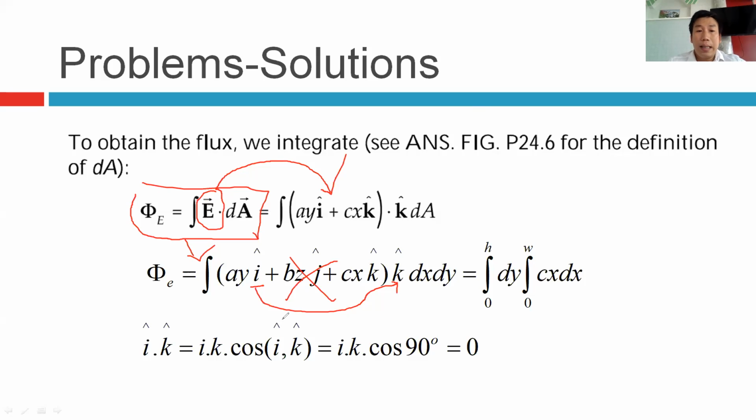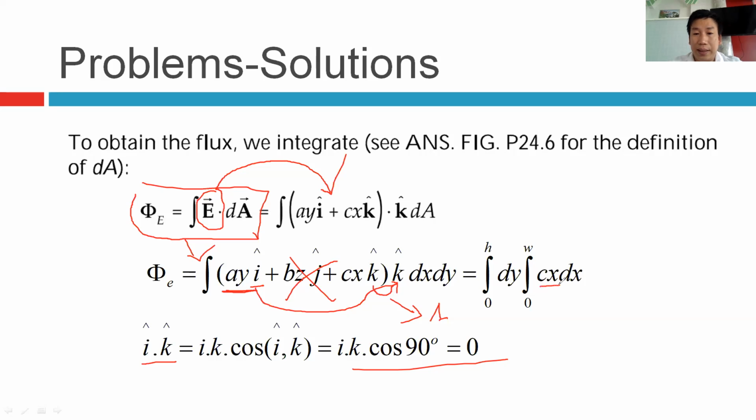Okay, so you can multiply vector by vector. Here we have i multiply k and k multiply k. Please remember that i multiply k equals 0, right? And k multiply k equals 1. This one multiplied by this one is 0, so we don't need that, and we only have k multiply k here.